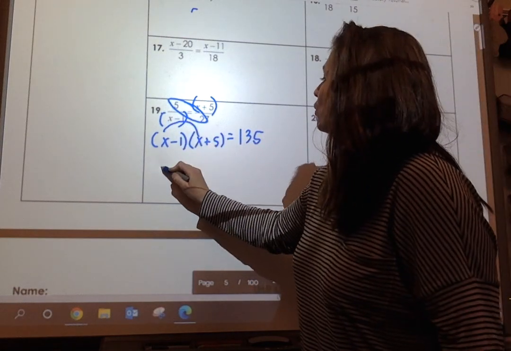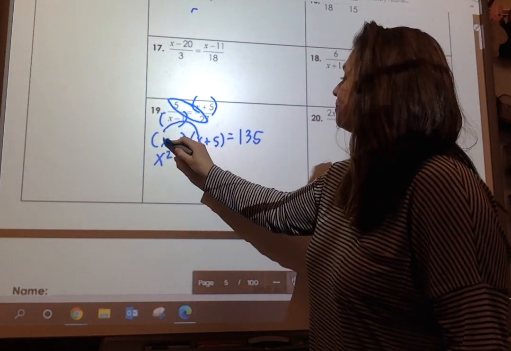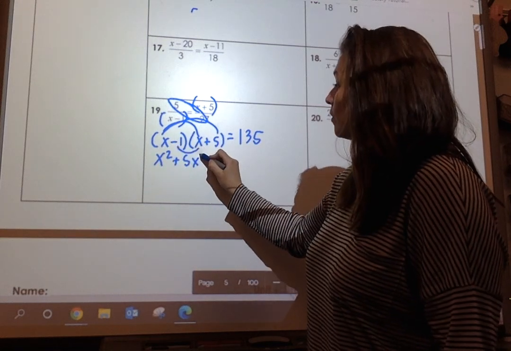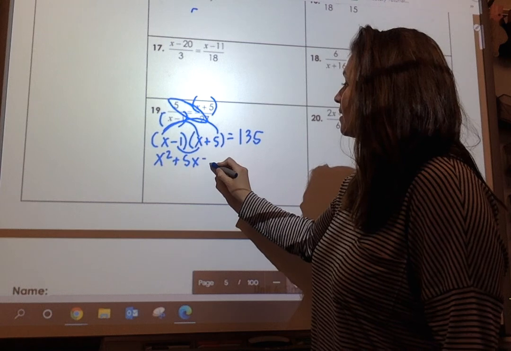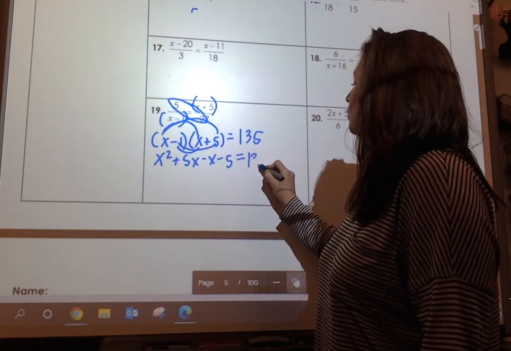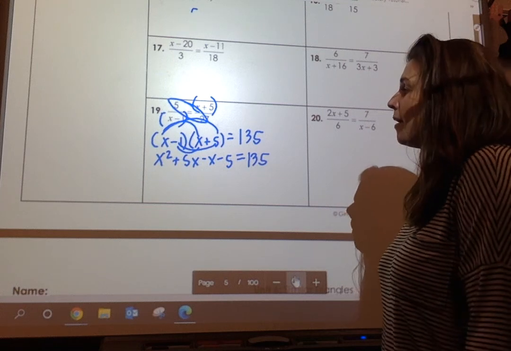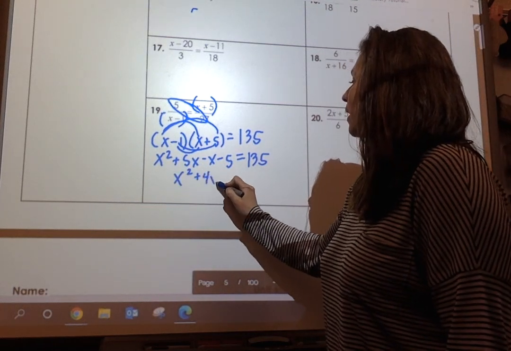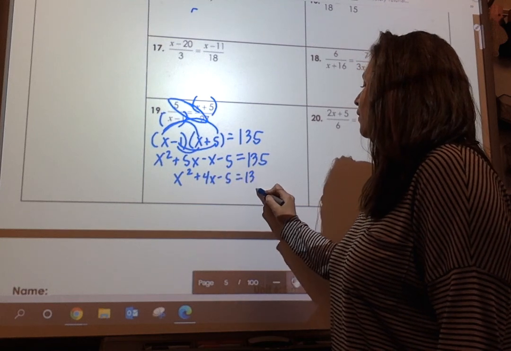So we did first terms, x times x is x squared, x times 5 is 5x. Then I did my inner terms, negative 1 times x is negative x, negative 1 times 5 is negative 5, and I set that equal to 135. I combine my like terms, and I get x squared plus 4x minus 5 equals 135.